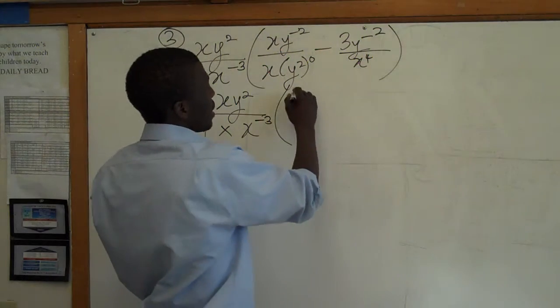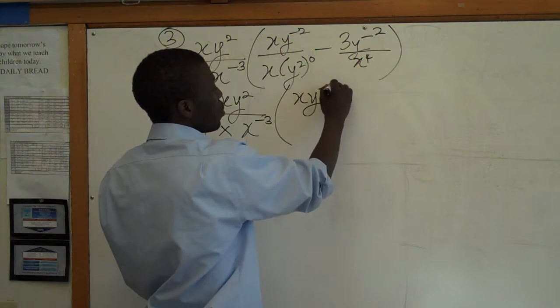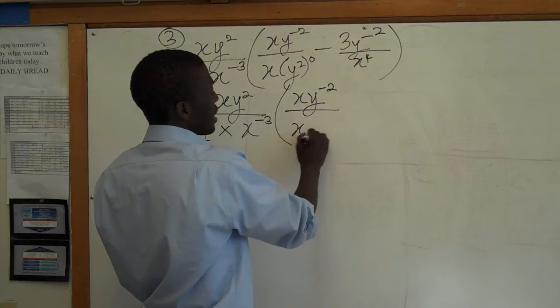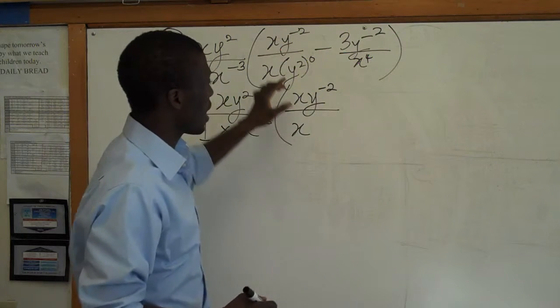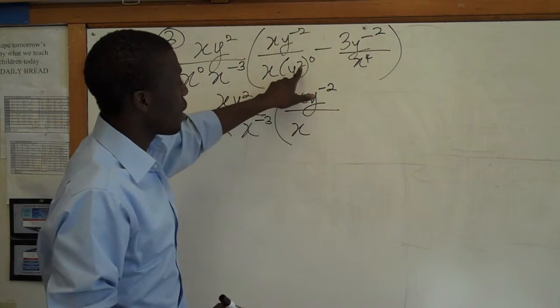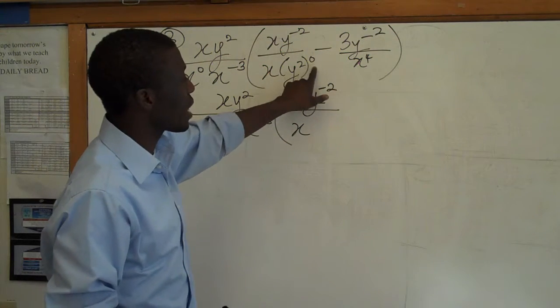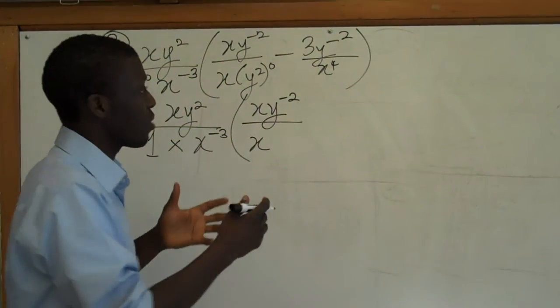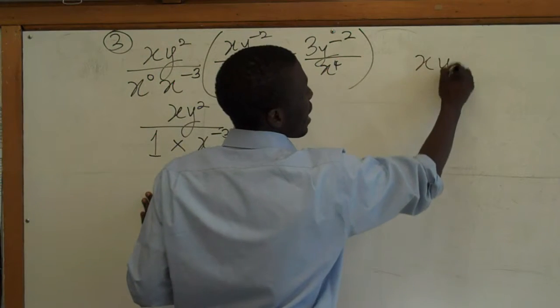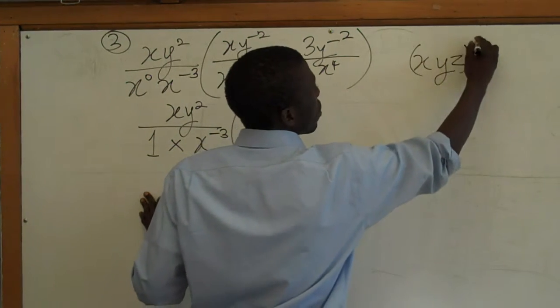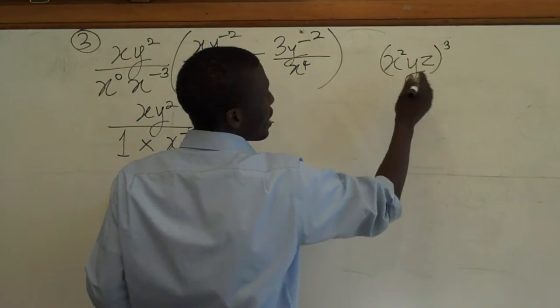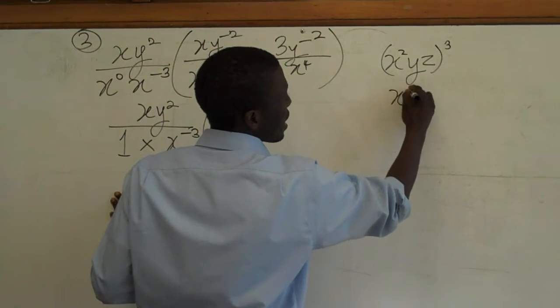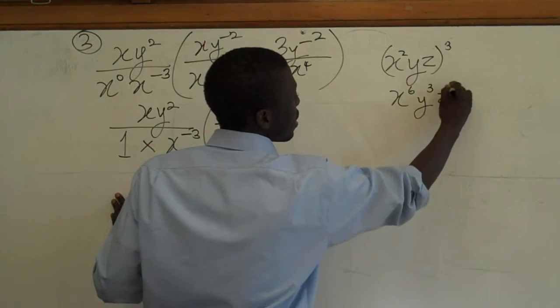Inside the bracket, x, y to the negative 2 divided by x. And then one of the laws of indices says when you have something in a bracket, the exponent outside the bracket will multiply the exponent of all the things in the bracket. So for example, x squared yz cubed is the same thing as x to the 6th, y to the 3rd, z to the 3rd.